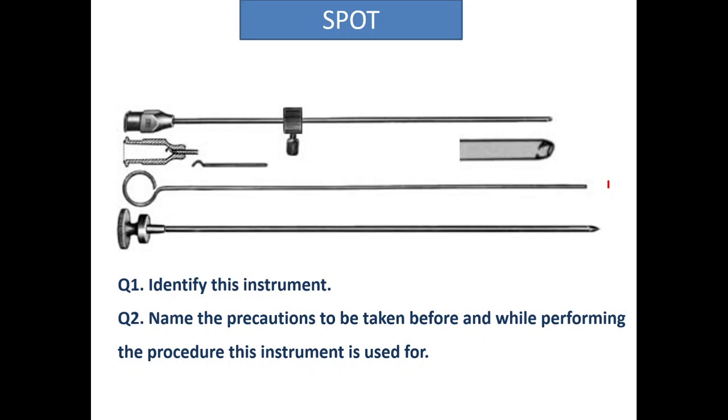Identify the instrument. What are the precautions to be taken before and while performing the procedure? So what is this? In Google images, go and see the lumbar puncture needle. The one that we are using is plastic, and the needle is in a plastic syringe. Previously, it used to come in a steel syringe. So go through the images. Don't confuse between the bone marrow needle and the LP needle.